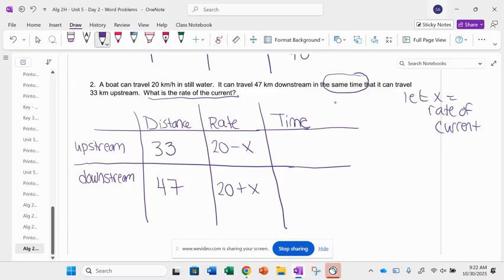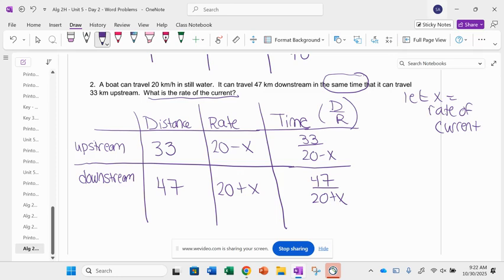And don't we know that the time is going to be the distance over the rate? So we're going to have 33 over 20 minus x and then 47 over 20 plus x. Now we have to figure out how to make an equation from this chart.